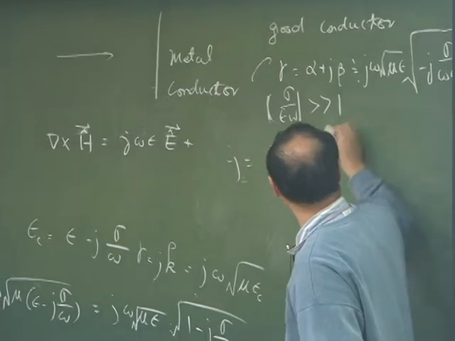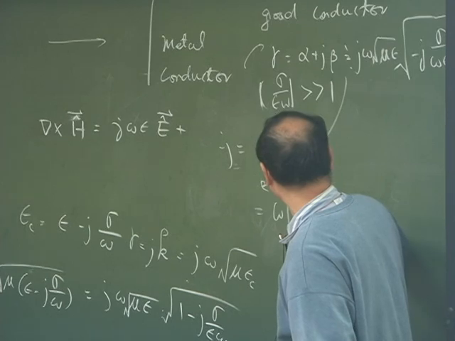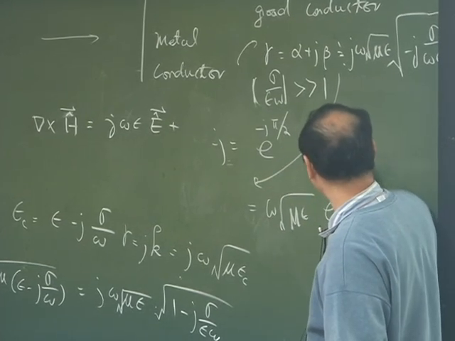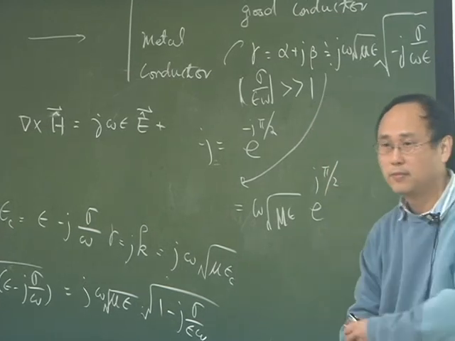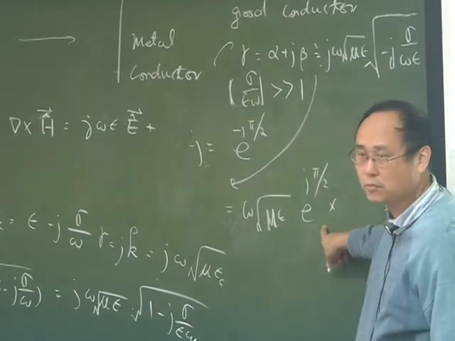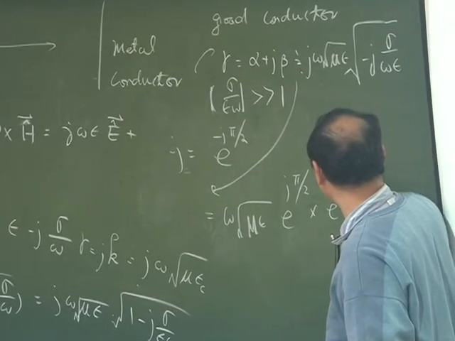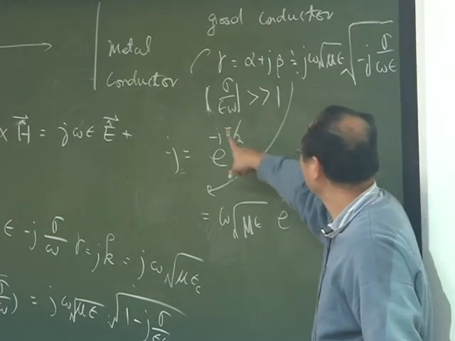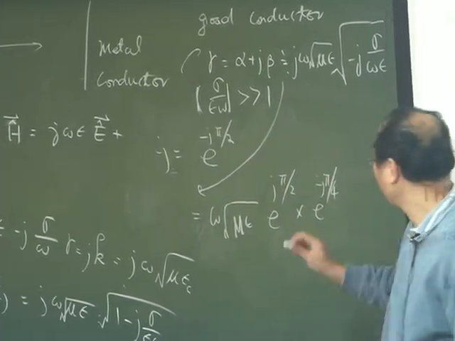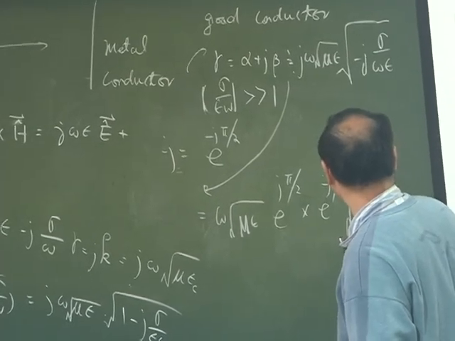So if I write here, this is equal to omega square root mu epsilon. This j is exponential j pi over 2. And for this minus j, this is going to be multiplied with exponential minus j pi over 4. Pi 除以2再开根号变成4分之 pi. And then for the rest is sigma over omega epsilon.